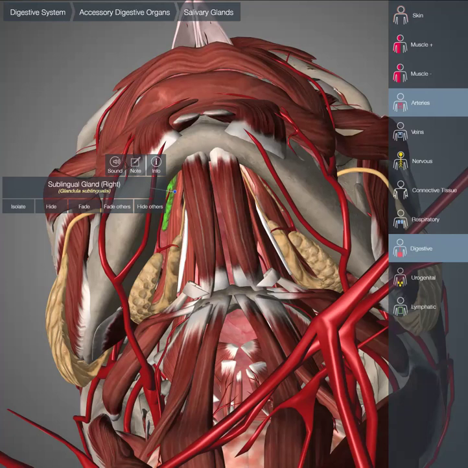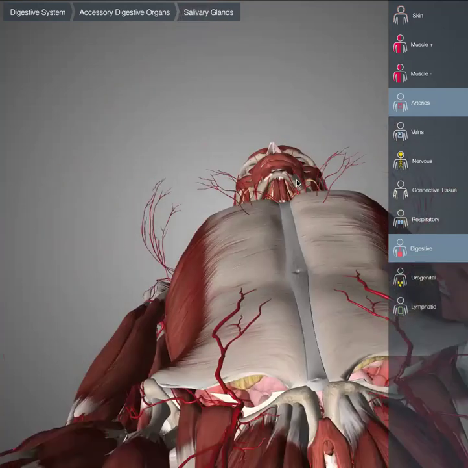And we need to know the vascularization, which is the sublingual and submental arteries. And the innervation is parasympathetic and sympathetic: parasympathetic by the superior salivary nucleus and sympathetic by the superior cervical ganglia.